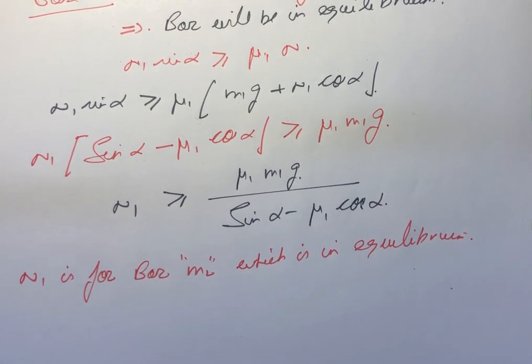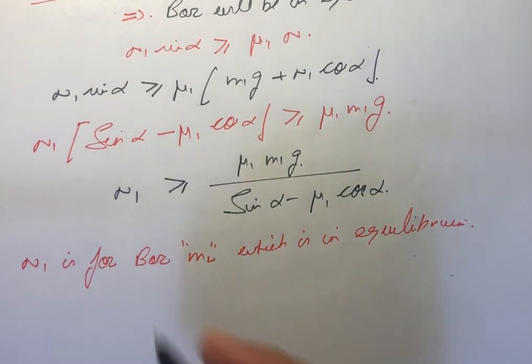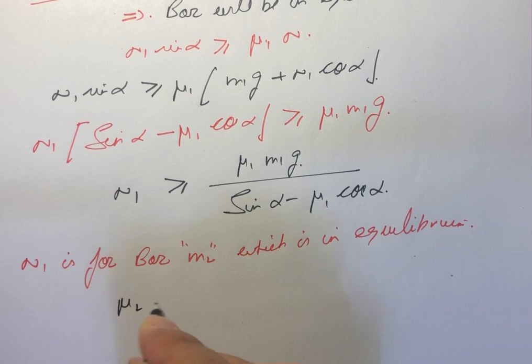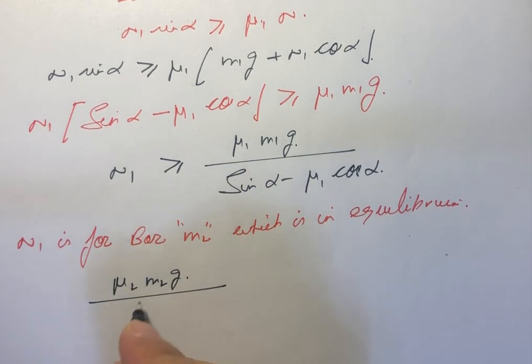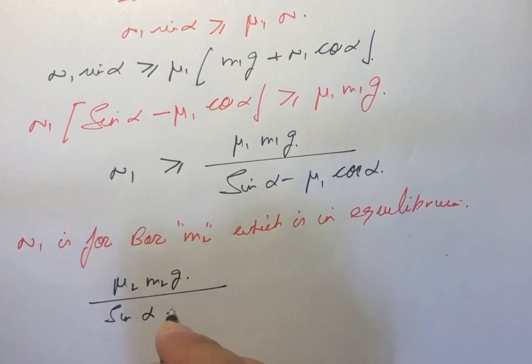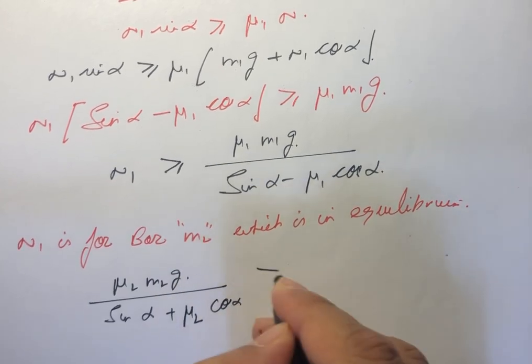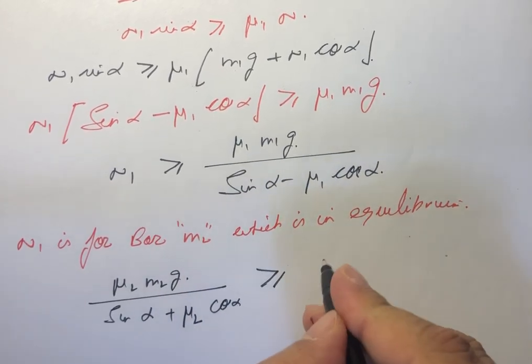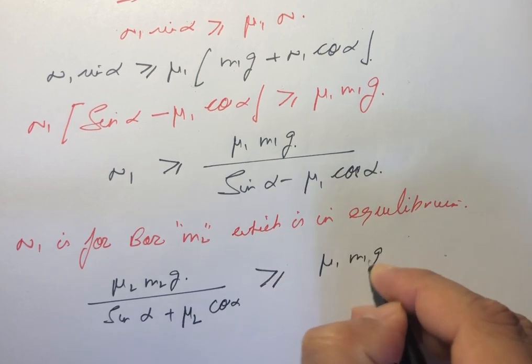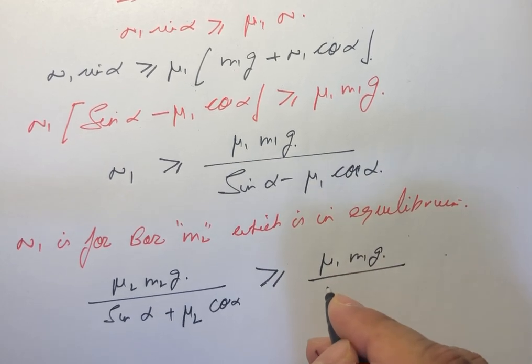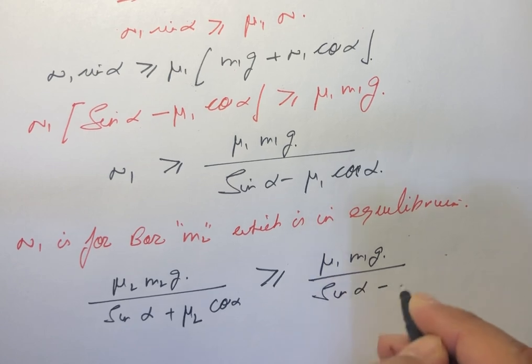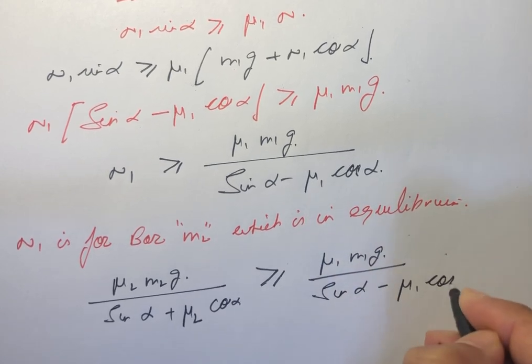We all know its value. n1 is given as mu2 m2 g divided by (sin alpha plus mu2 cos alpha), which is greater than or equal to mu1 m1 g divided by (sin alpha minus mu1 cos alpha).